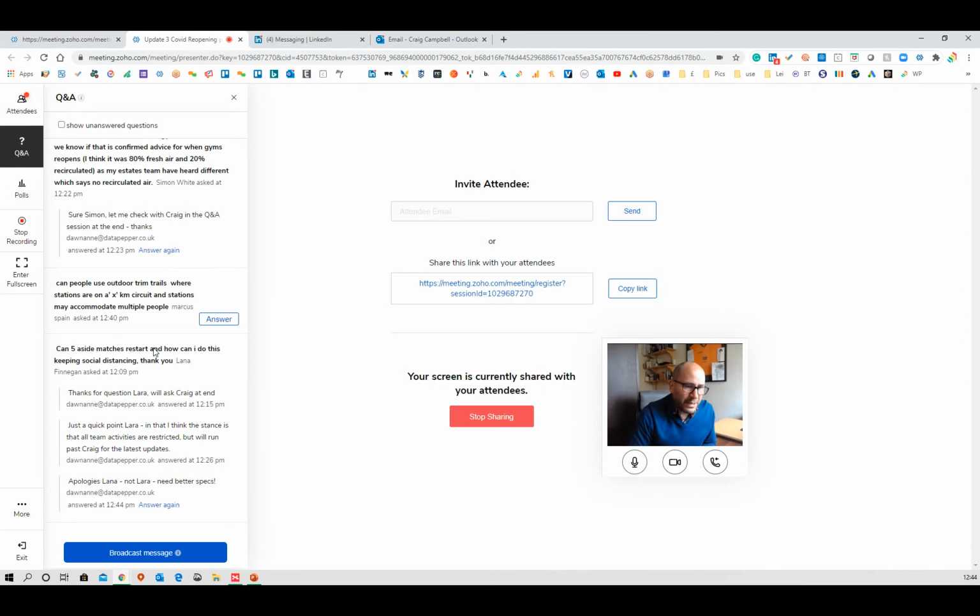Imagine I'm doing netball practice. I might be able to go against the wall and do wall passes. That's fine. And if someone else does that 2 meters down the block, then that's fine. That's what the NGBs are starting to come out with now. But it's baffling that they're not interpreting the guidance for you. And then as soon as you interpret it yourself, they tell you that you're wrong, which is very nice of them. Okay, so any more?